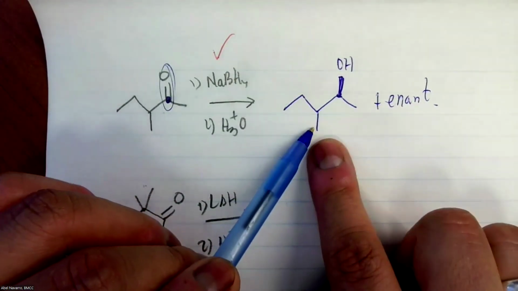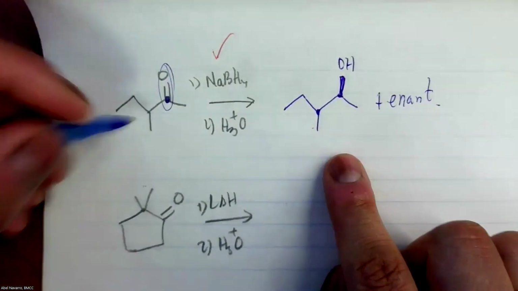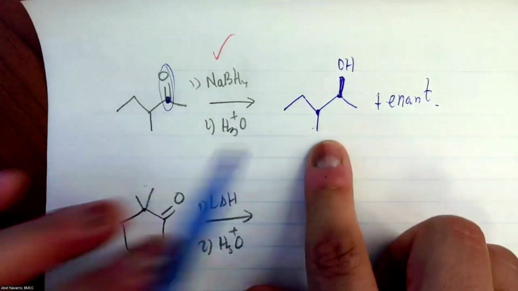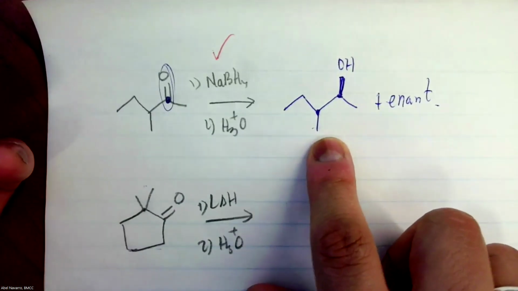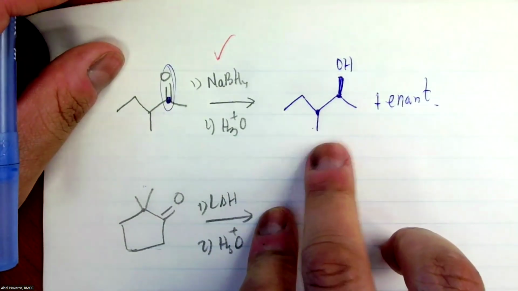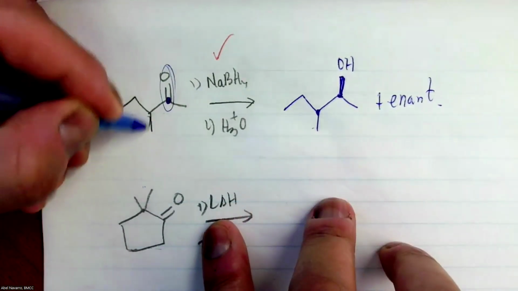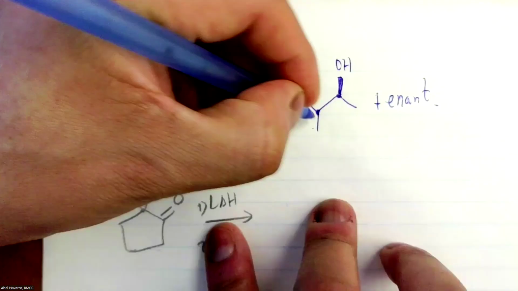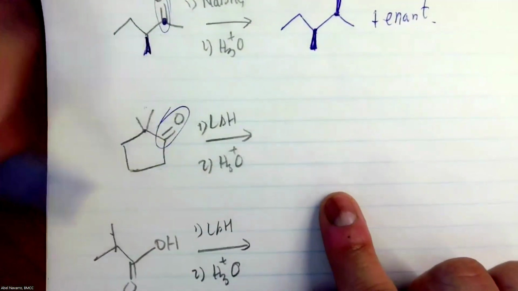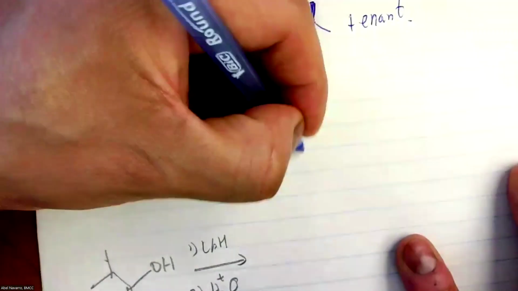Or what about this one? This is also chiral, right? But if they don't specify the chirality in the reagent, in the product you can also leave it alone. You don't have to say it. But technically, it will be the same. So if this one is wedge, this one will be wedge. Here, ketone again.